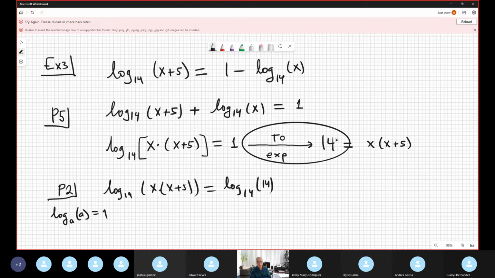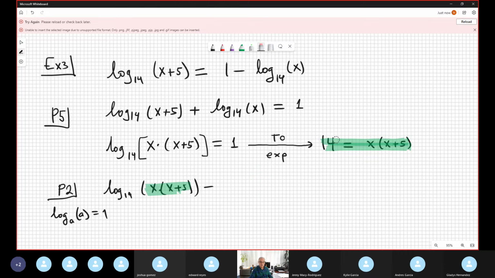Because we can think this is equivalent using property number 2. And of course, I'm using 14 because on the left-hand side, the logarithm base we have is 14. So, obviously, logarithm is a one-to-one function. This expression is equal to 14. And we get exactly the same as this. In my personal opinion, it is easier that way. And it is not always 1. If it is another number, it's more complicated. Do you understand this idea?